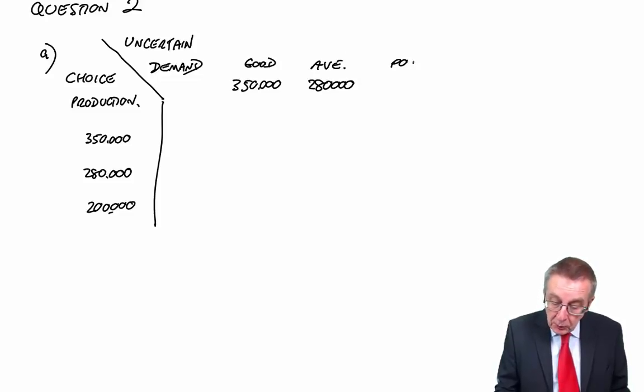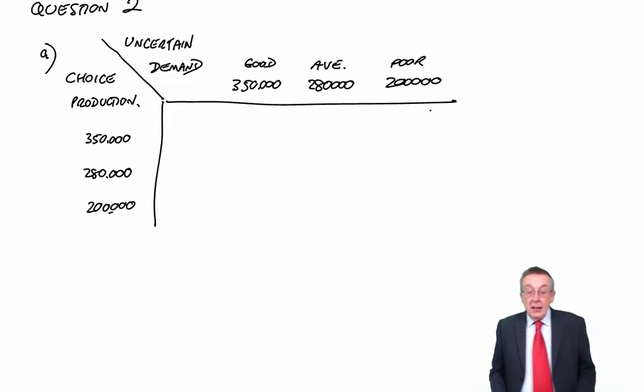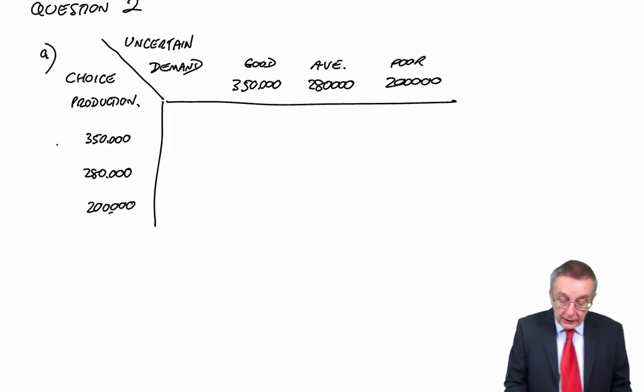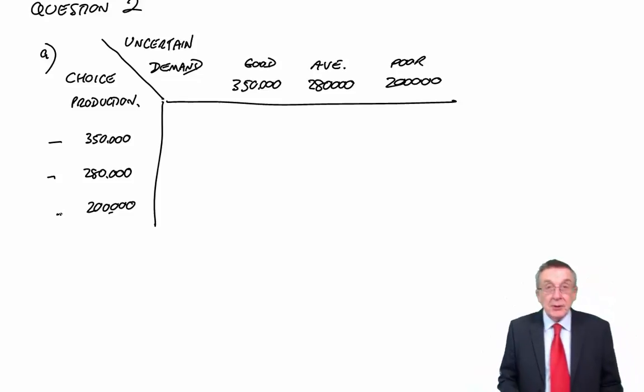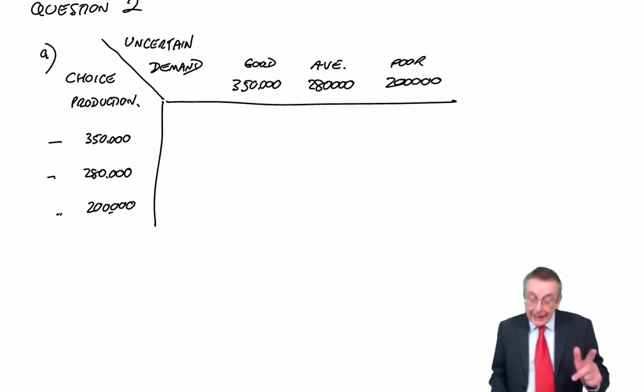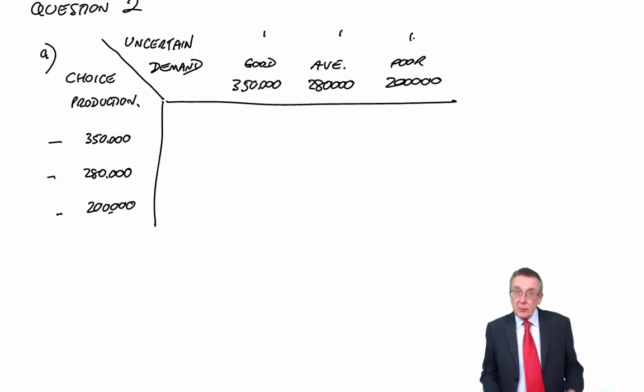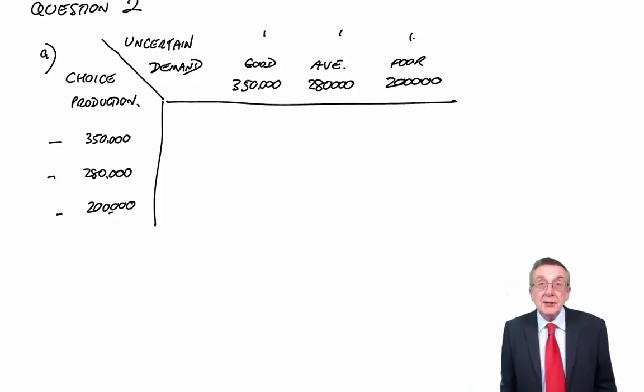If it's poor weather, it'll be 200,000. And so in total, there are 9 possible profits that could result, depending on how many we decide to produce and what the demand turns out to be because of the weather. And our job now is to go through and cost them all.